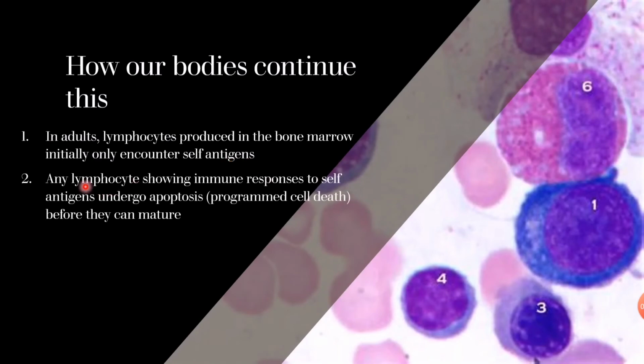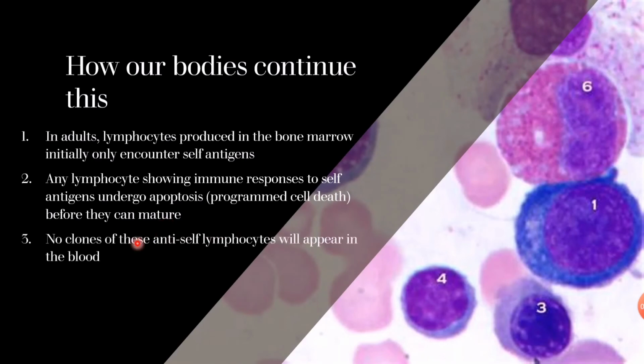Any lymphocyte produced showing immune responses to self-antigens undergoes apoptosis. Apoptosis is programmed cell death. So any lymphocyte that shows an immune response to self cells is killed. And this is before they can mature, before they can differentiate and mature and produce more of them.